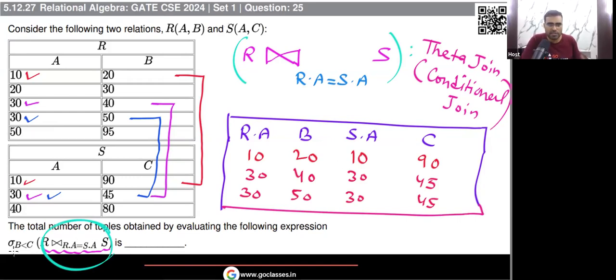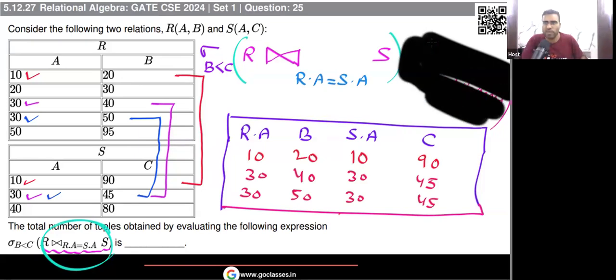Now what we need to do next is select from this. Remember, we are going to select tuples where the value of b is less than the value of c.